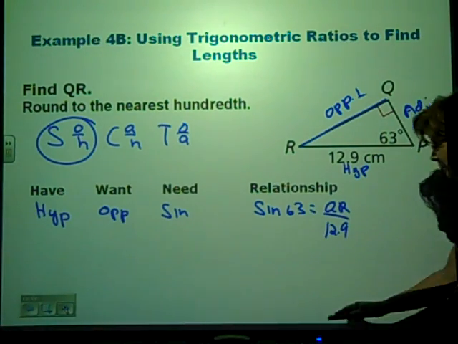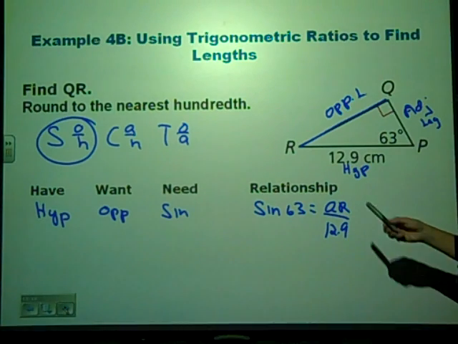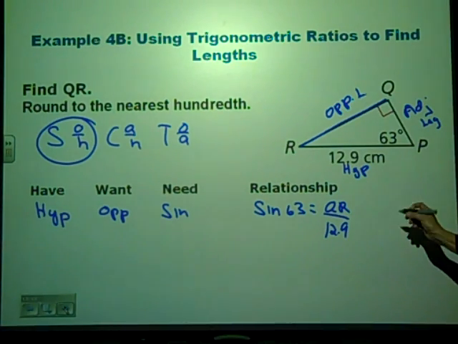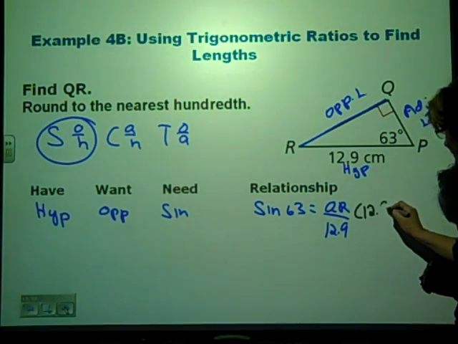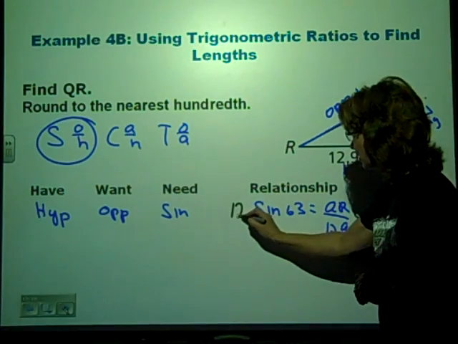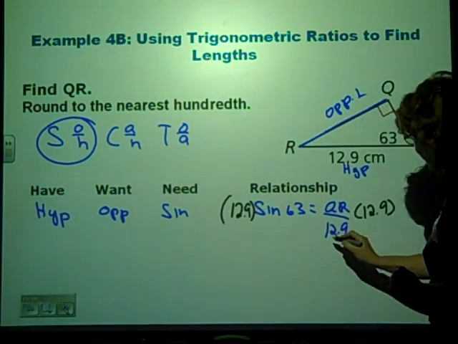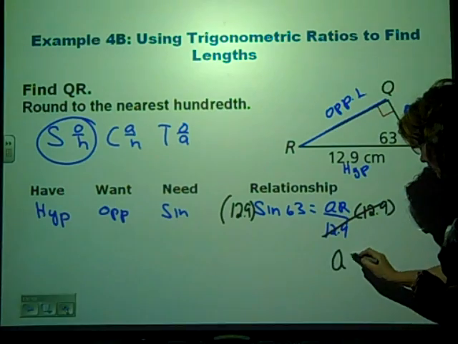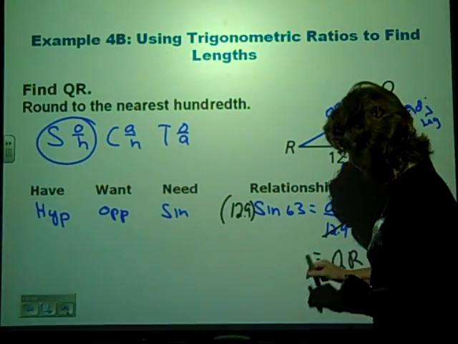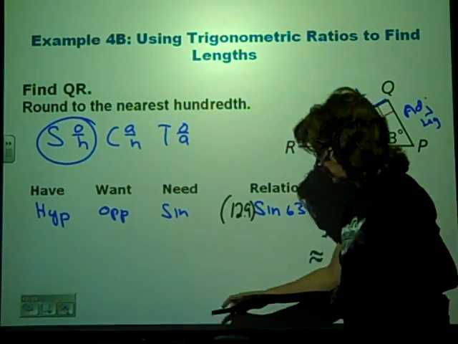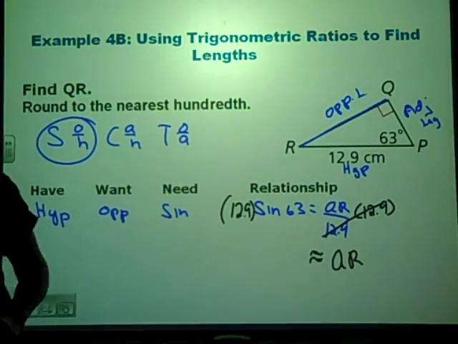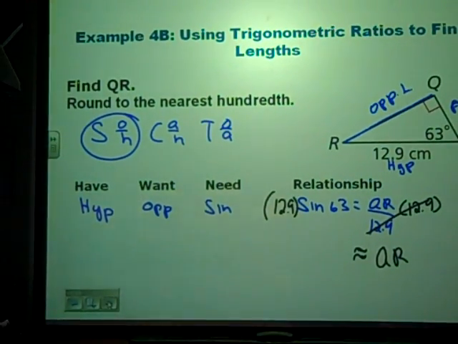This one's even easier to solve because I just need QR alone. It's being divided by 12.9, so I'm going to multiply both sides by 12.9. That will cancel out. QR equals, approximately. Now I'm going to come right back to my calculator.